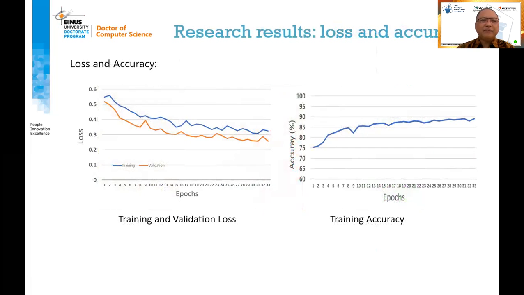And this is the loss and accuracy. As you might see from this curve, the UNET model during the training process seems to learn from the training dataset, and the training accuracy during training is also improved gradually.